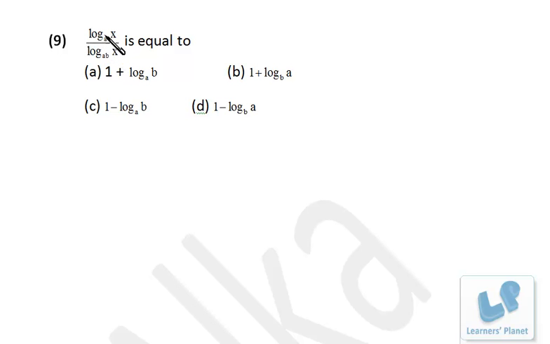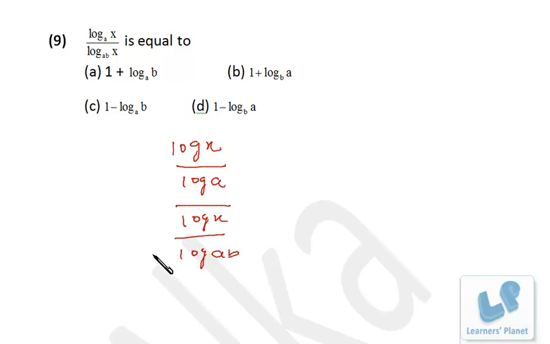So what I do is I just change the base, and then it can be written as log x by log a, right? Similarly, it's not necessary to write down the new base, okay? You can take it like this also, and here it will be log of x by log of ab, right?